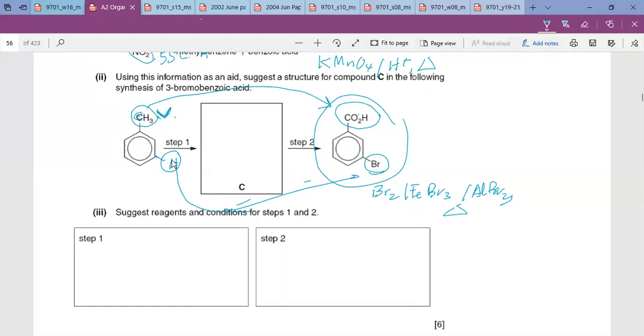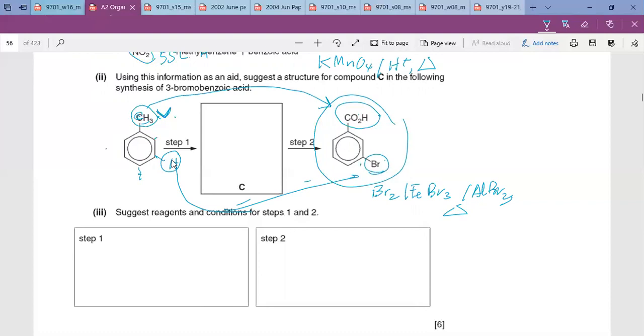Okay. Remember, they want to keep the position the same. Right. So if you want to put bromine first, this fellow here, the CH3, will direct bromine to where? To this position there, because 2 and 4. So you won't get this position. Yes or not?